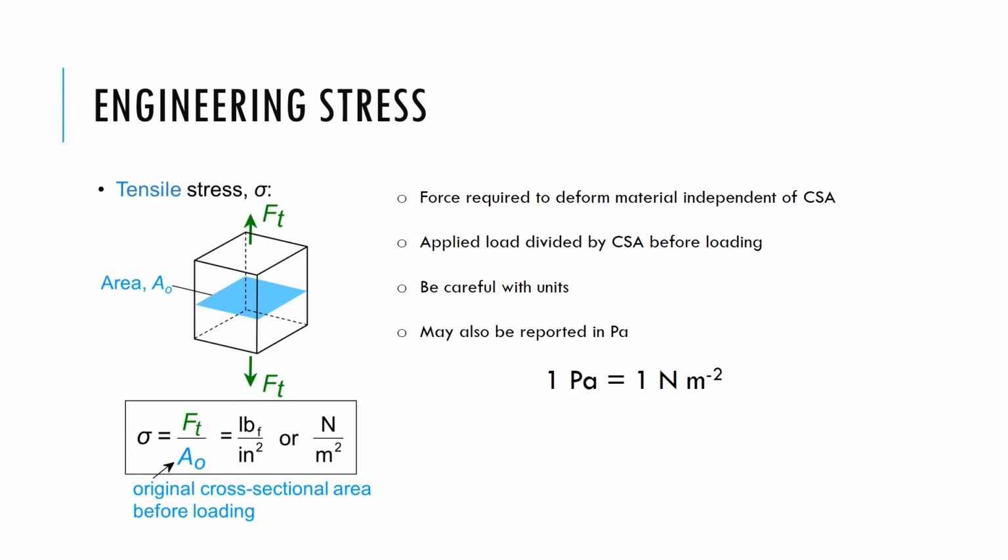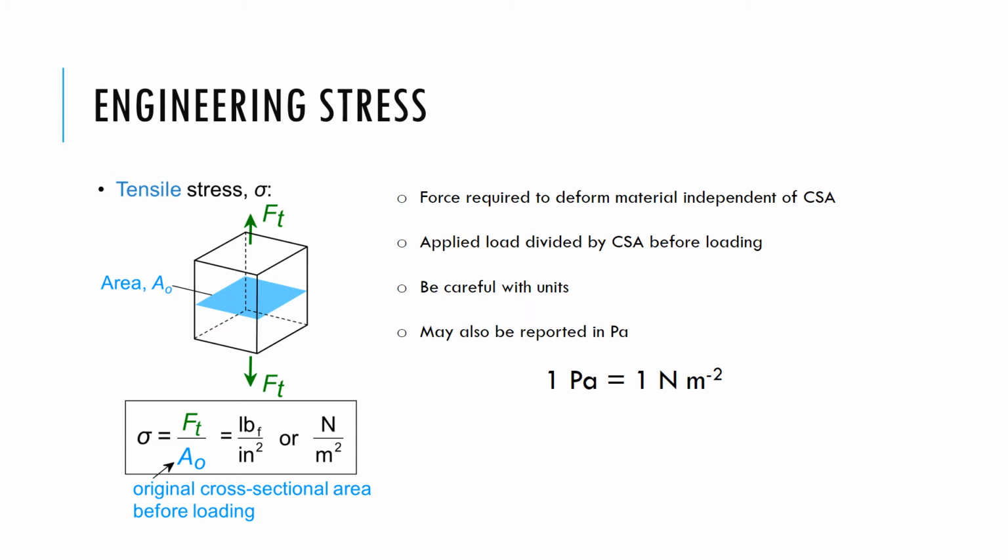Importantly then, this is the force that's required to deform the material, and it is independent of the cross-sectional area of the material. So on the previous slide I showed you 5 or 6 rods of copper that had differing cross-sectional areas.